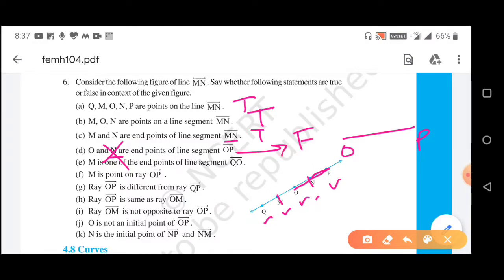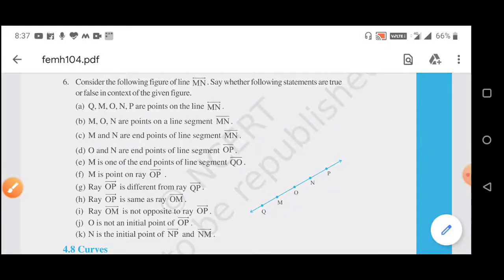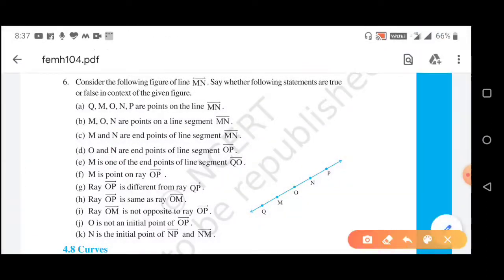Question number E, M is one of the endpoints of line segment OQ. Since we are talking about OQ, the endpoints are O and Q. M is not the endpoint of the line segment OQ. So, question number E is also false.